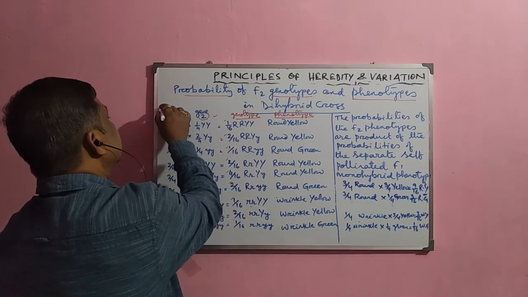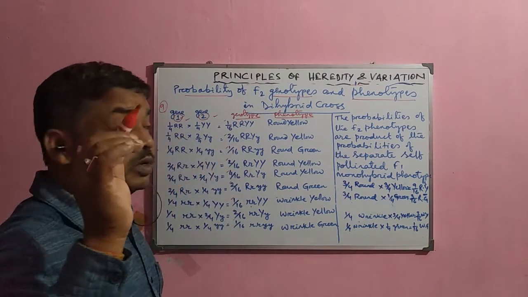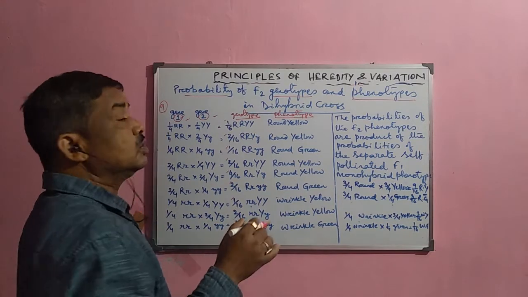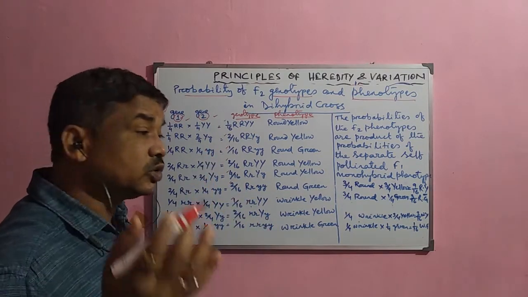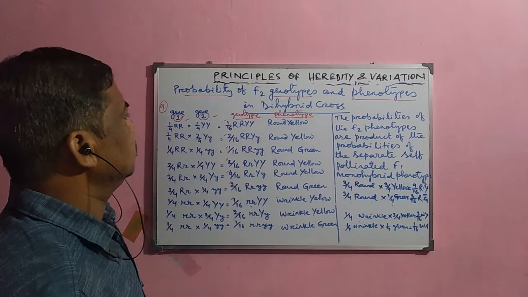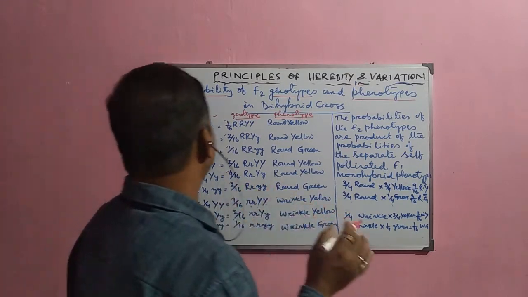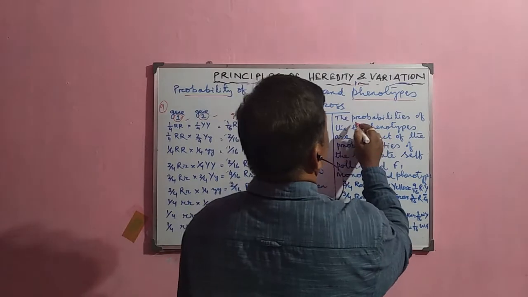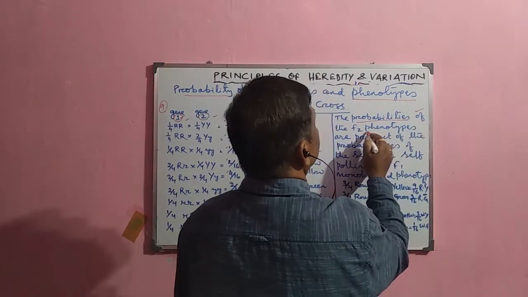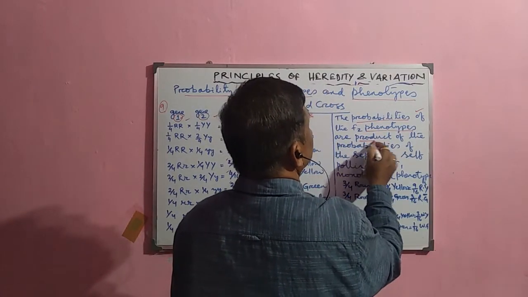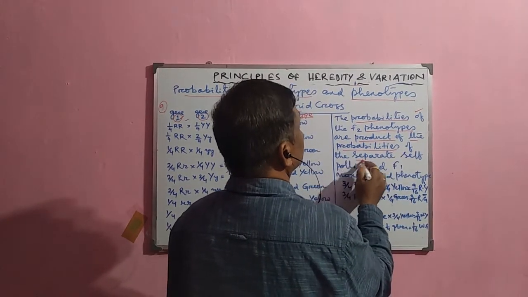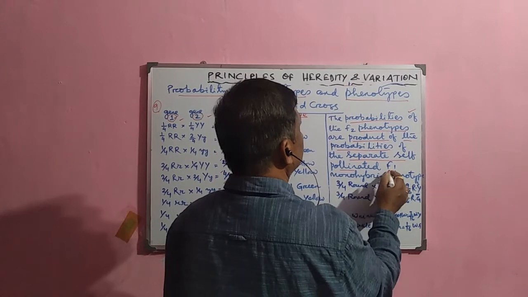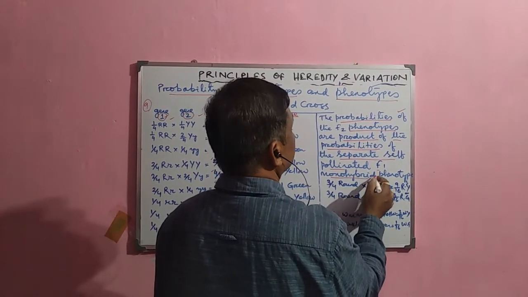So there are 9 different genotypes he observed here, whereas the phenotypes are only 4 types, 9:3:3:1. But according to him, the probabilities of the F2 phenotypes are the product of the probabilities of the separate self-pollinated F1 monohybrid phenotypes.